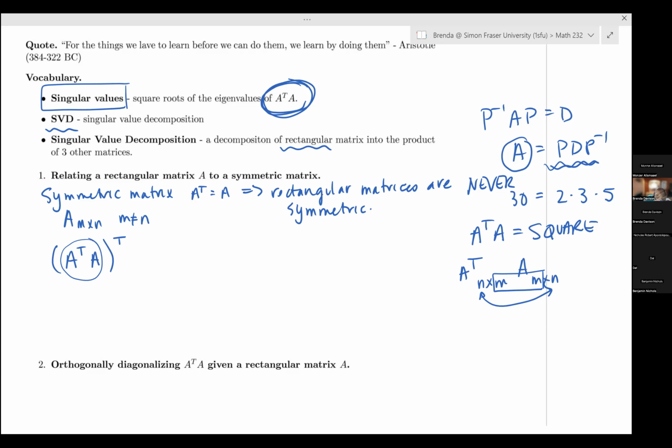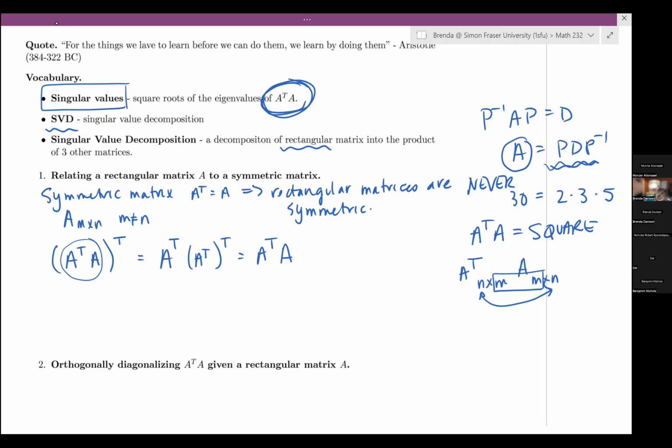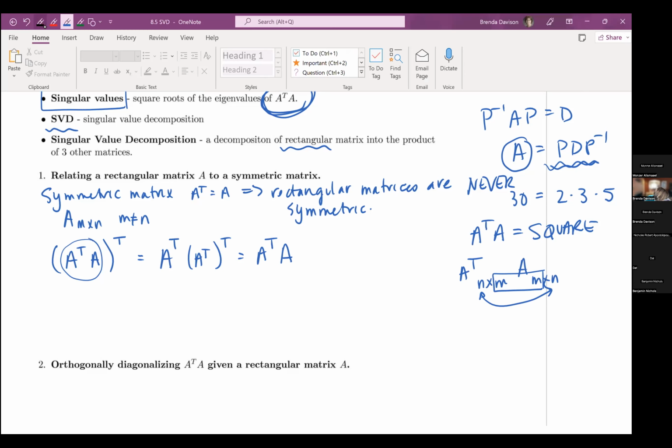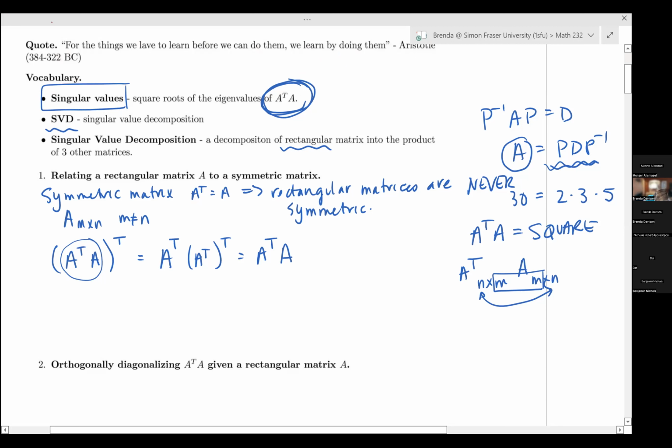We take the transpose of it, and using that little law of transposes, this is A transpose times A transpose transpose, and that is A transpose A. So the transpose of this thing is equal to itself.